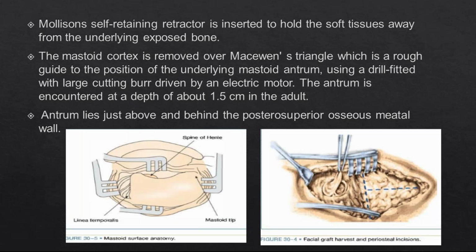The spine of Henle is an important surgical landmark because the mastoid antrum lies posterior superior to the spine of Henle, roughly half an inch deep from the mastoid cortex. Okay.